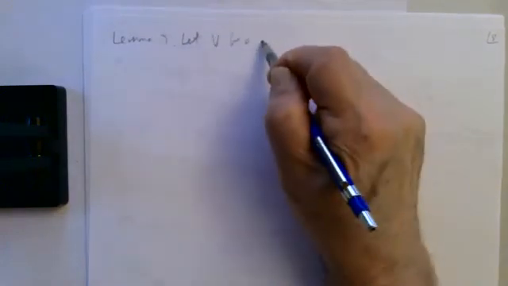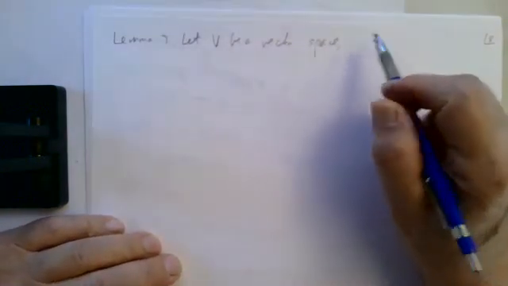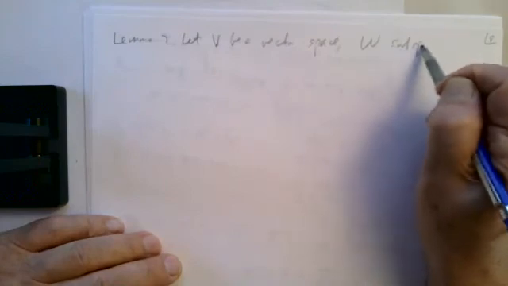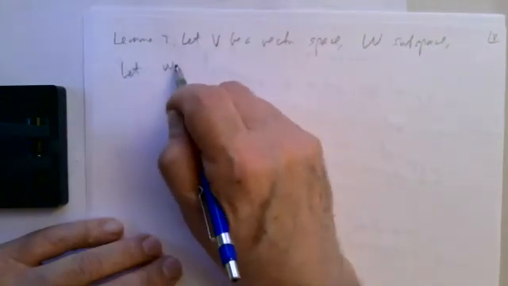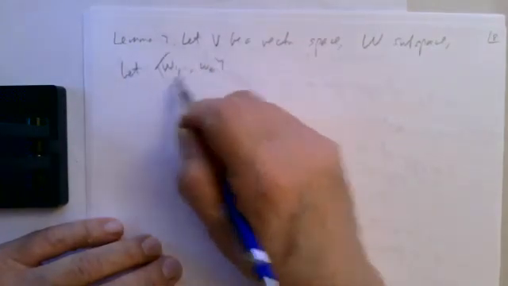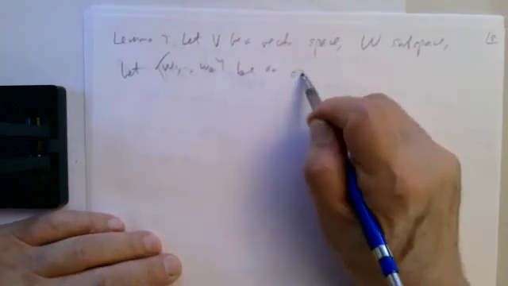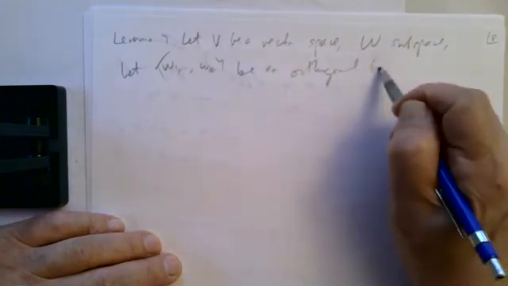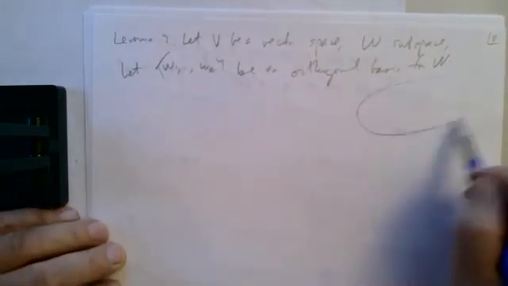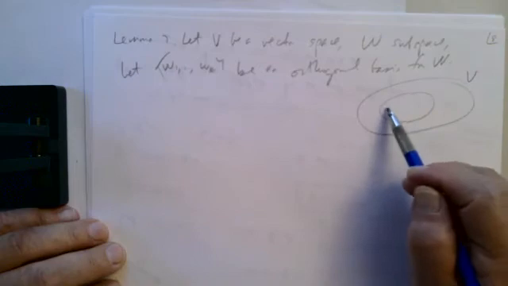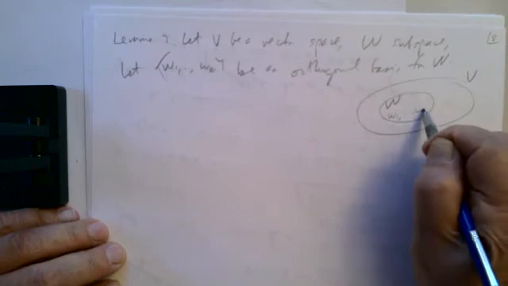Let V be a vector space, W a subspace, and let W1 up to WK be an orthogonal basis for W. So here's my vector space. Here's W. And in W, I have this basis W1 up to WK.